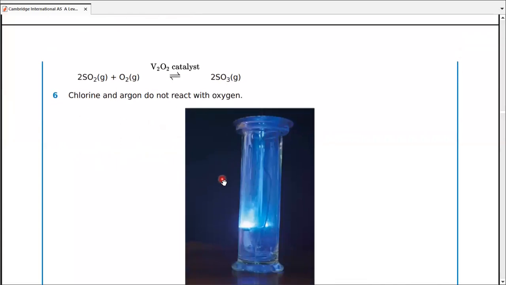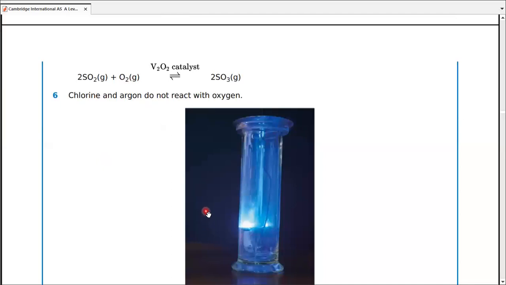Vanadium oxides are good at converting sulfur dioxide into sulfur trioxide. And since vanadium can form different oxides, it's not just limited to +2, it can have +3, it can have +5 states. So yeah, that is possible. V2O2, V2O3, V2O5, different oxides are possible, and most of them act as a catalyst for this reaction.